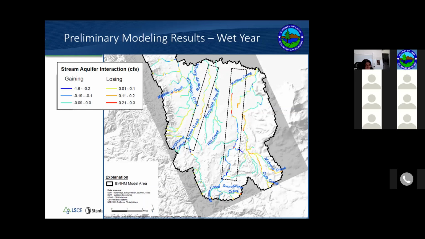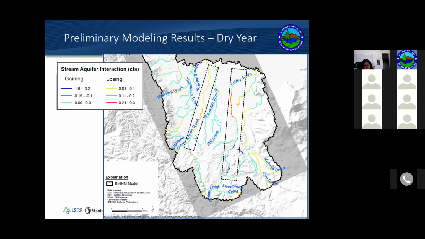If we take a look at a dry year, I'm going to move slowly. In a dry year the same pattern exists, except on Kelsey Creek you'll see less flow into the creek, less gain, and more loss.